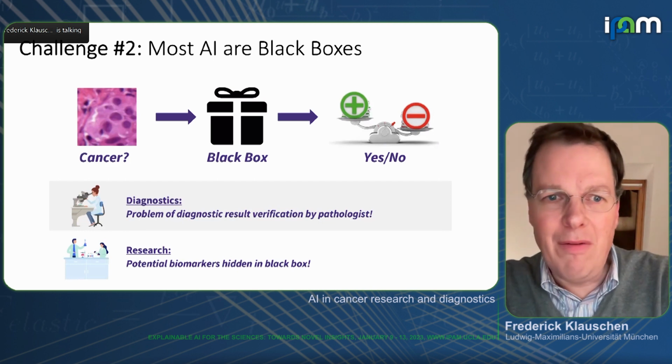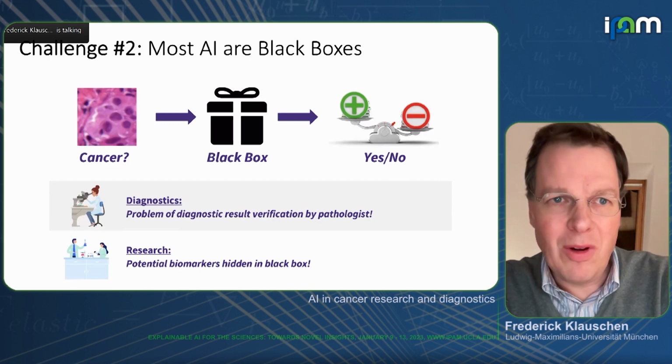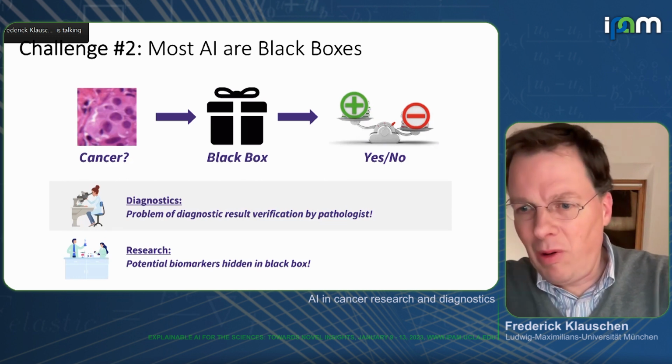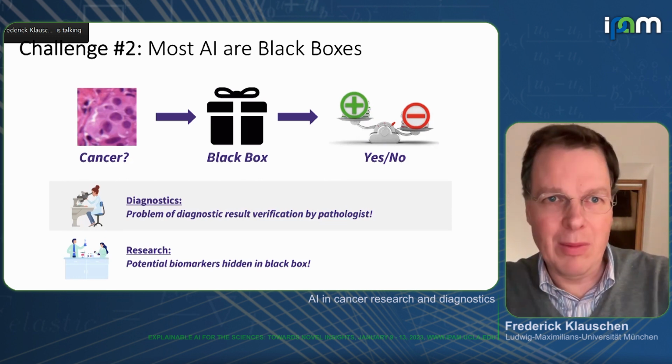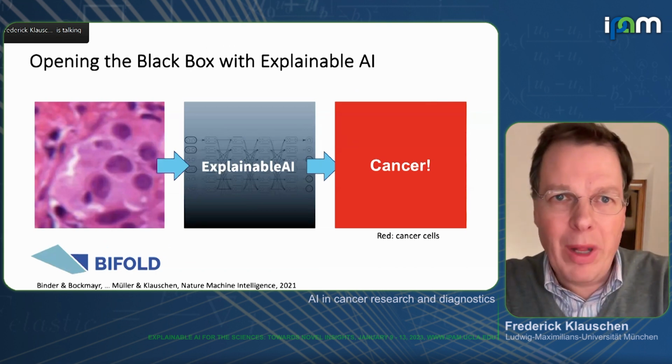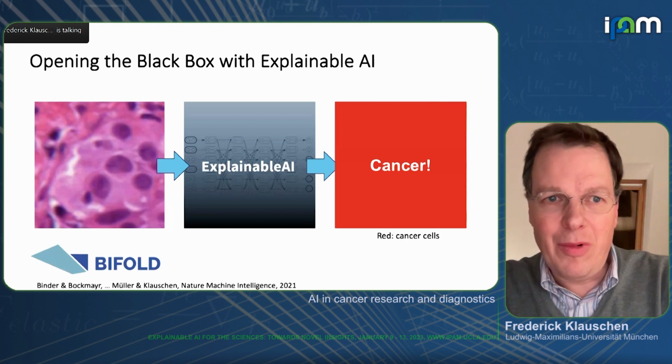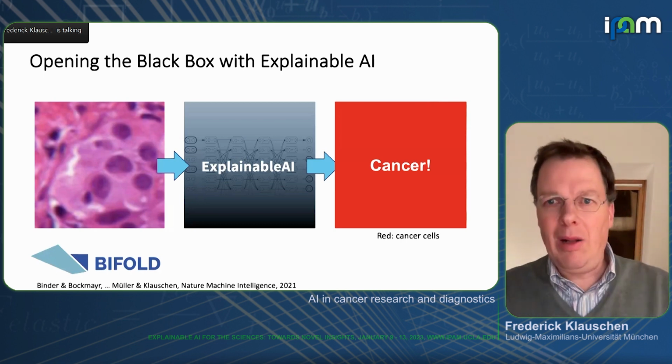And second, if you analyze data for research purposes, you may overlook the actual important finding and can overlook certain important biomarkers, for example. So here, of course, opening the black box with explainable AI can be of great importance and can really help a lot.